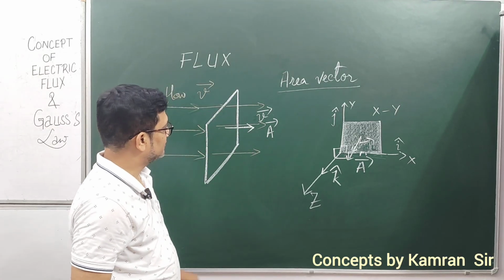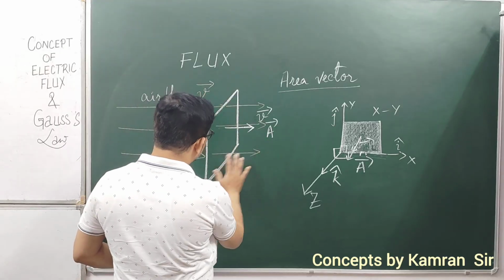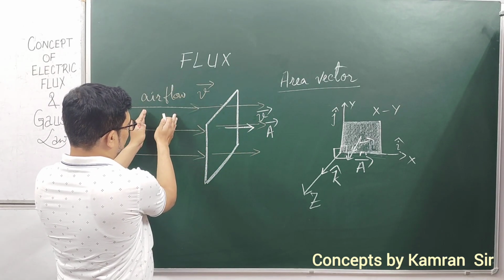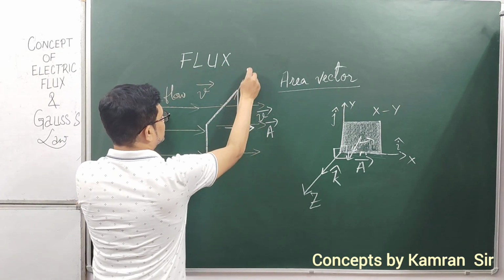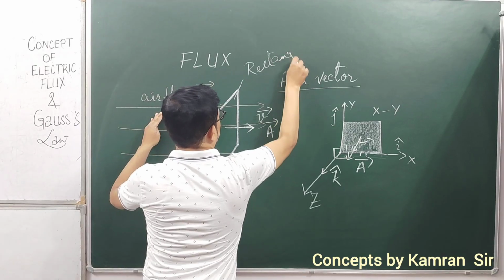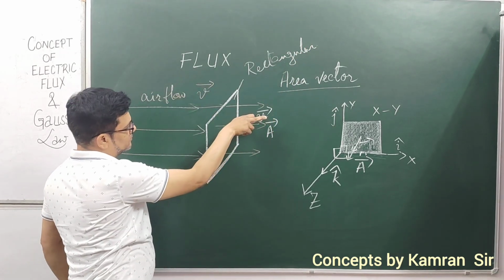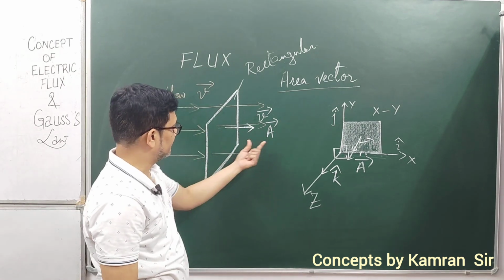This is where the two quantities are involved when we are trying to figure out that this airstream is passing through this loop, suppose a rectangular loop, and the direction of the velocity is the same as the direction of the area vector.